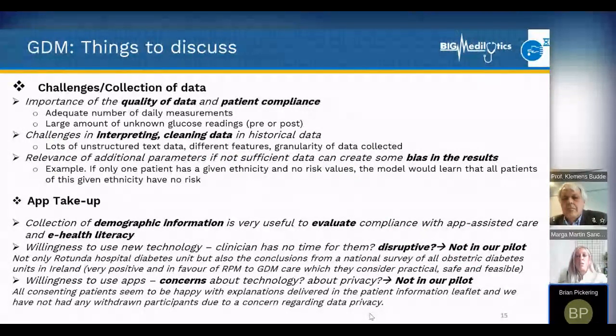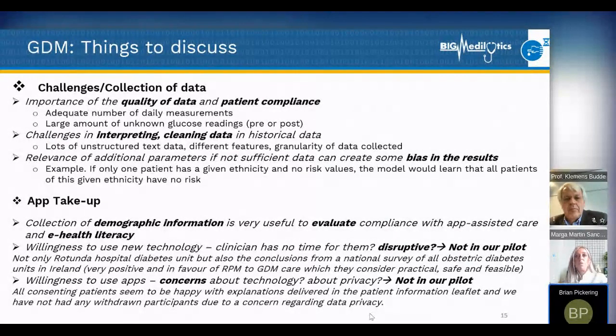And regarding the willingness of the patients to use this app, we didn't find any concern about data privacy. We didn't find any problem about this.